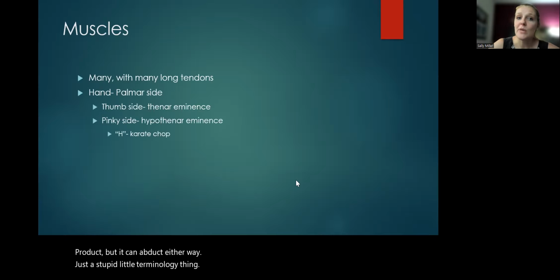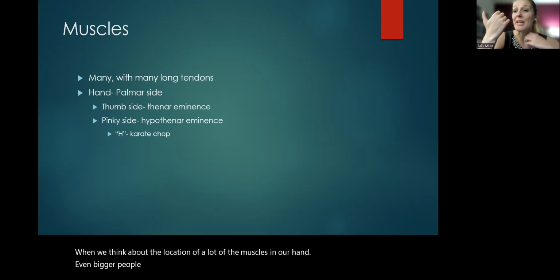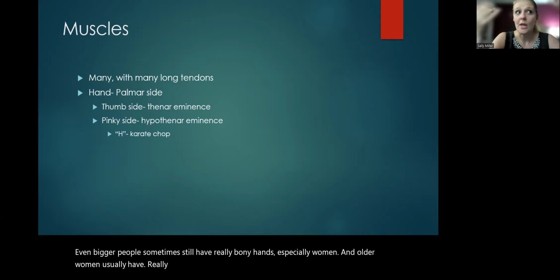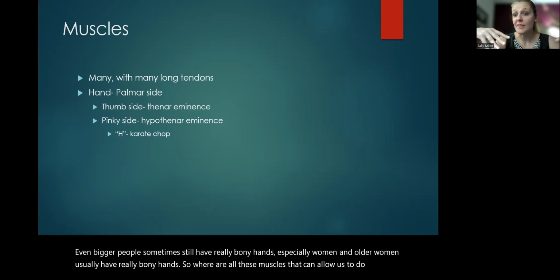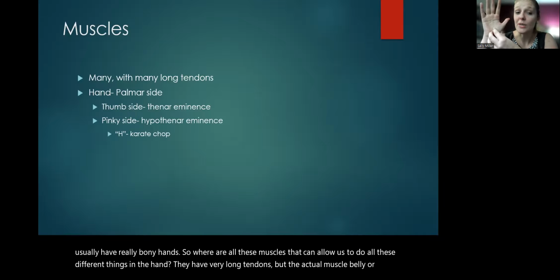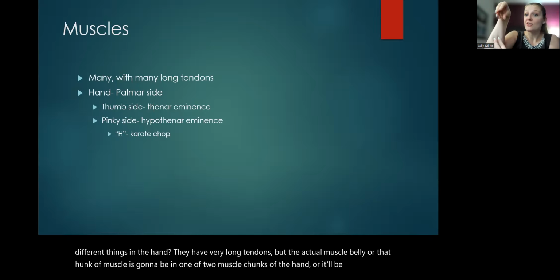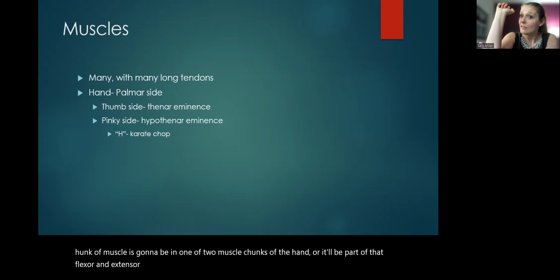When we think about the location of a lot of the muscles in our hand, even bigger people sometimes still have really bony hands, especially women and older women usually have really bony hands. So where are all these muscles that can allow us to do all these different things in the hand? They have very long tendons, but the actual muscle belly or that hunk of muscle is going to be in one of 2 muscle chunks of the hand, or it'll be part of that flexor and extensor mass in the forearm.